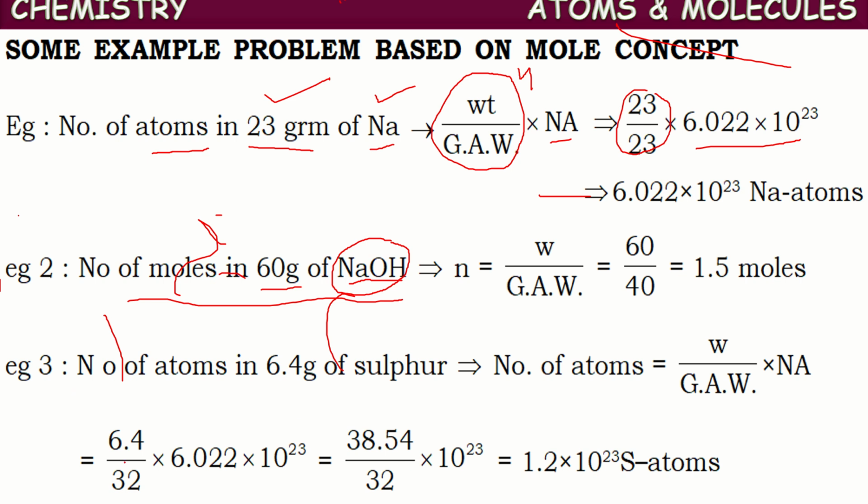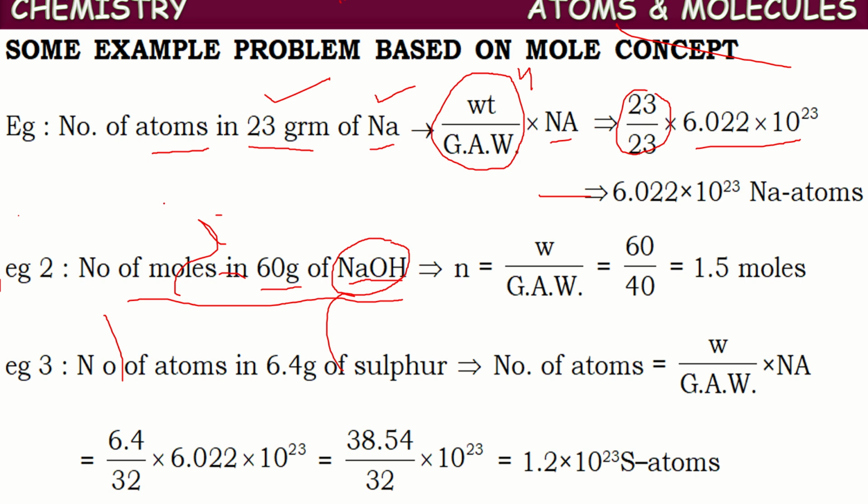So 6.4 by 32 into 6.022 gives 38.54 by 32 into 10 to the power of 23. Its value is 1.2 into 10 to the power of 23 sulfur atoms. That means 6.4 grams of sulfur contains 1.2 into 10 to the power of 23 sulfur atoms.